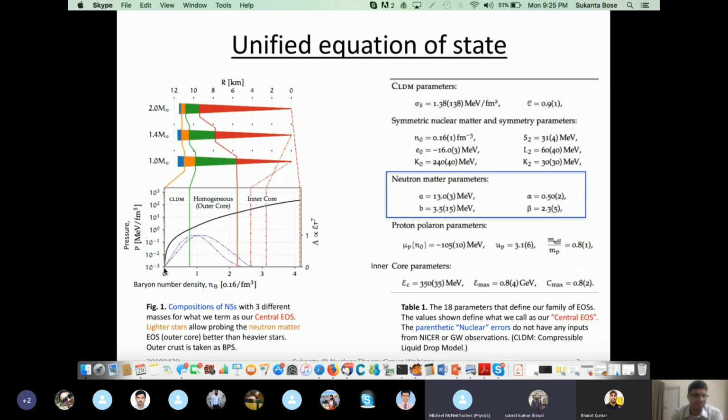So most of the contribution comes from this outer core, homogeneous part. From the outer core and a little bit of the inner crust. Inner core. Okay. Thanks. With the exception, of course, of the stiff equations of state. So this equation of state was sort of our central values. If it gets much stiffer, then you have much more core, and so you learn less about the homogeneous part and more about the cores.